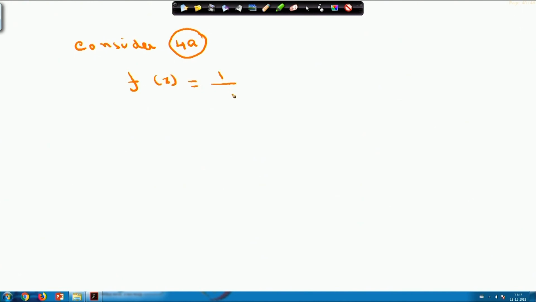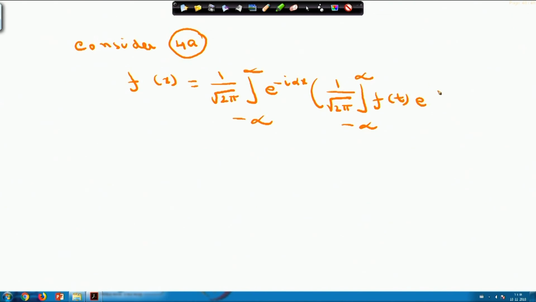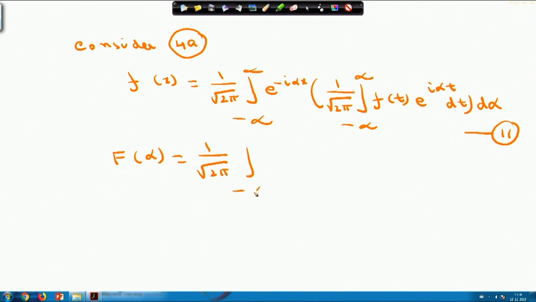Then f(x) equals 1 by root 2 pi, and you can represent it the same way: e to the power minus i alpha x, times 1 by root 2 pi, integral from minus infinity to infinity of f(t) e to the power i alpha t dt, d alpha. This is equation 11. Now you denote capital F(alpha) equals 1 by root 2 pi, integral from minus infinity to infinity of f(t) e to the power i alpha t dt.